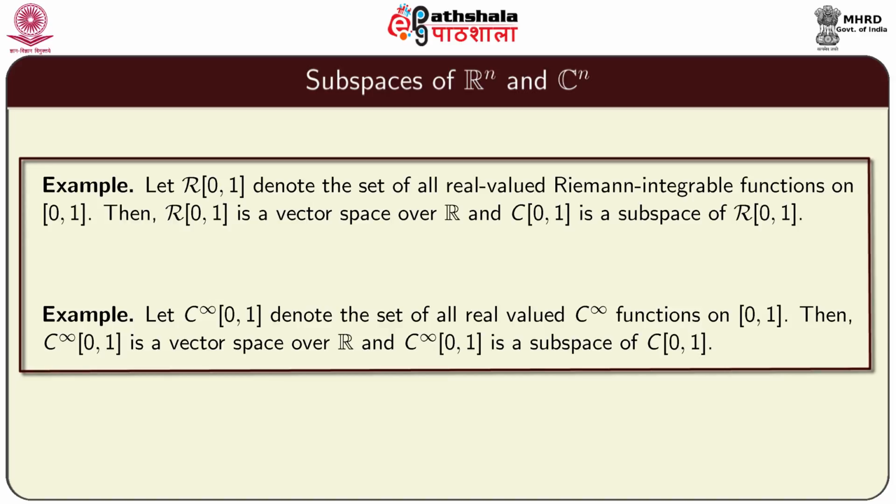So, C01 is indeed a subset of R01. C01 and R01 are both vector spaces, and the operations are nothing but pointwise addition and scalar multiplication of functions. So, C01 is indeed a subspace of R01.